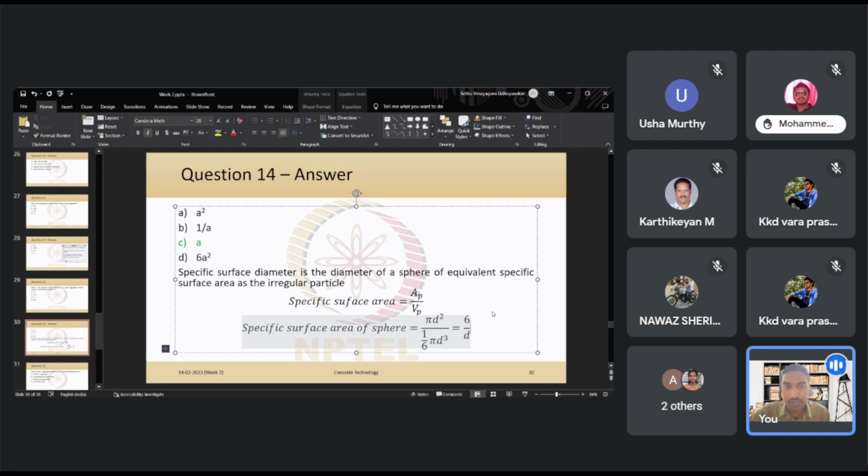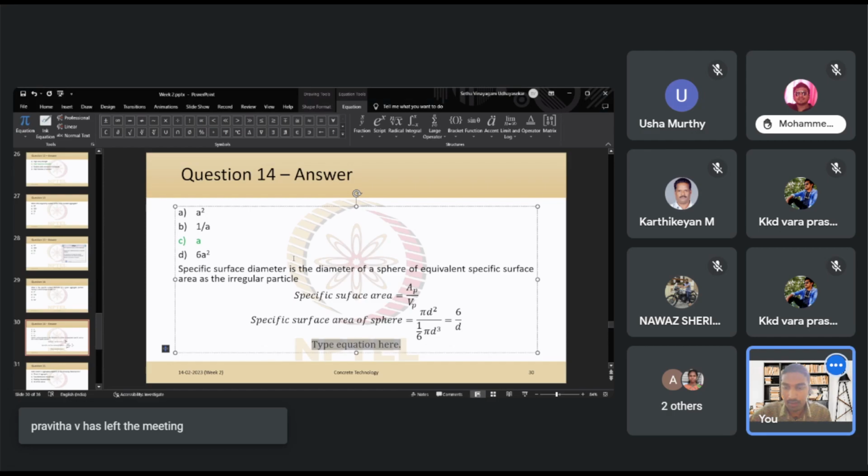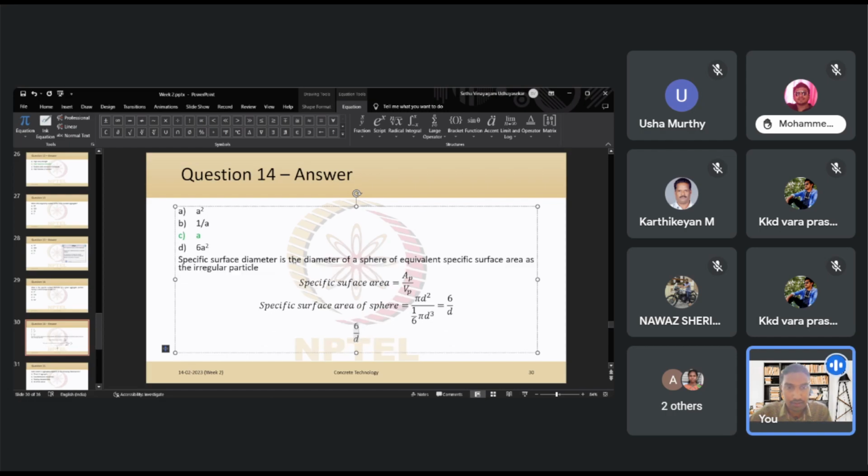In our question, we are dealing with a cubical shaped particle. We calculate its area and volume, use that to get its specific surface area, and equate it to 6 by d to find the value of d. So 6 by d is for the sphere, and we equate that to that of the cube.